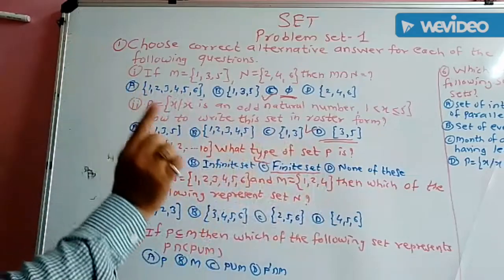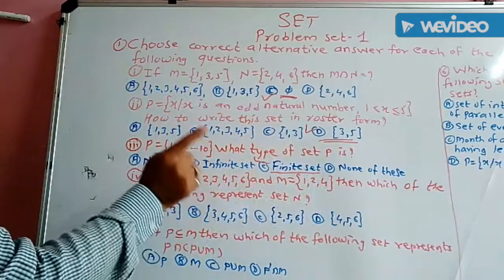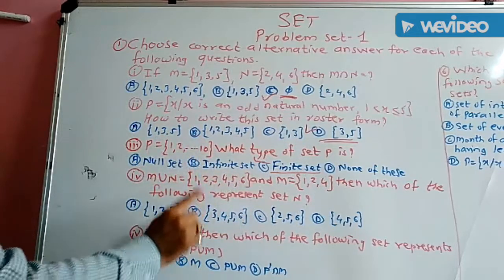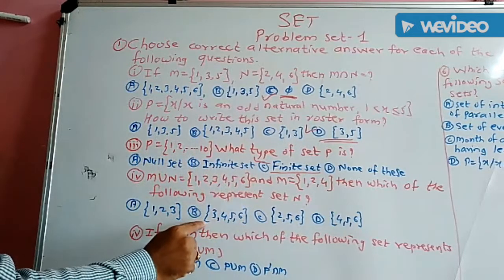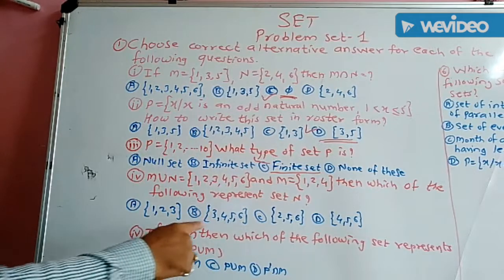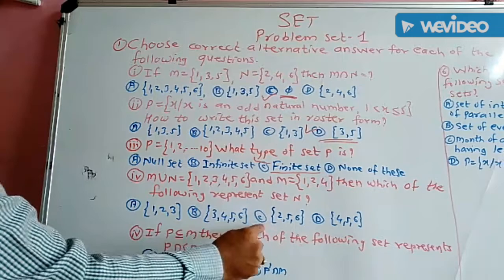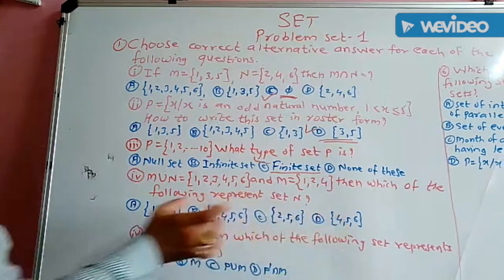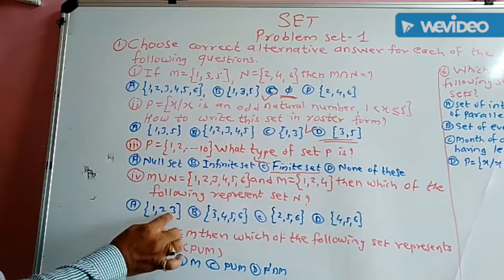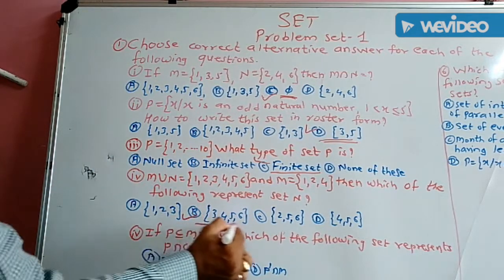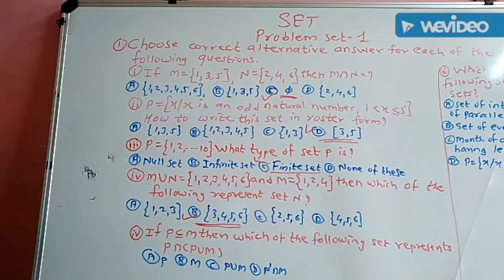That means in N we have to choose 3, 4, 5, 6. The correct alternative is B, because in C and D, 3 is not given. In A, 1 to 3 is given, but 4, 5, 6 are not given. Therefore the correct alternative is 3, 4, 5, 6, that is B.